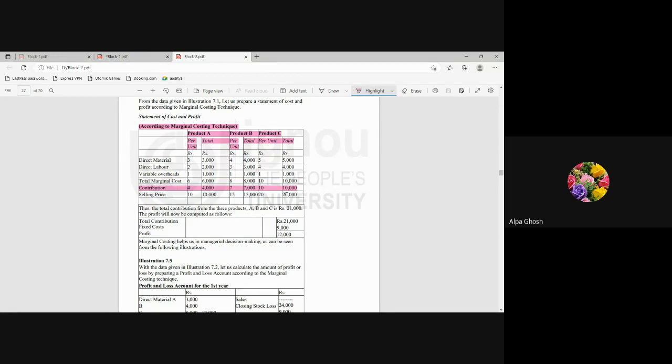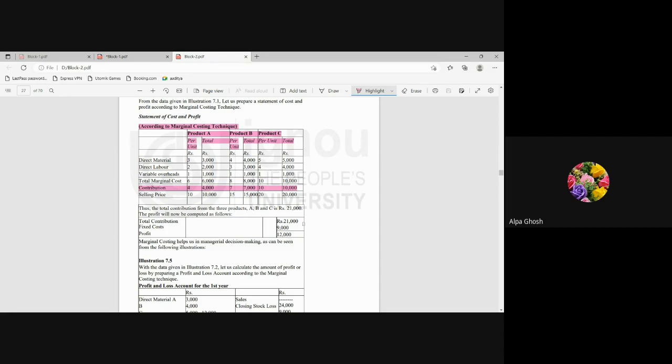I told you fixed cost is taken from revenue. So 21,000 is your total contribution. Fixed cost is 9,000. So you subtract 9,000 from your total contribution. The balance 12,000 is your profit. Am I clear? So marginal costing helps us in managerial decision making, as we can see from this following example.